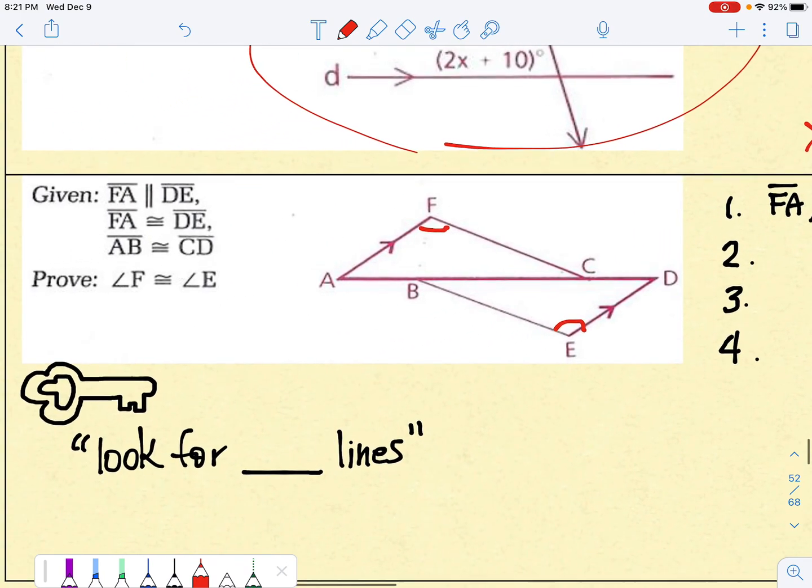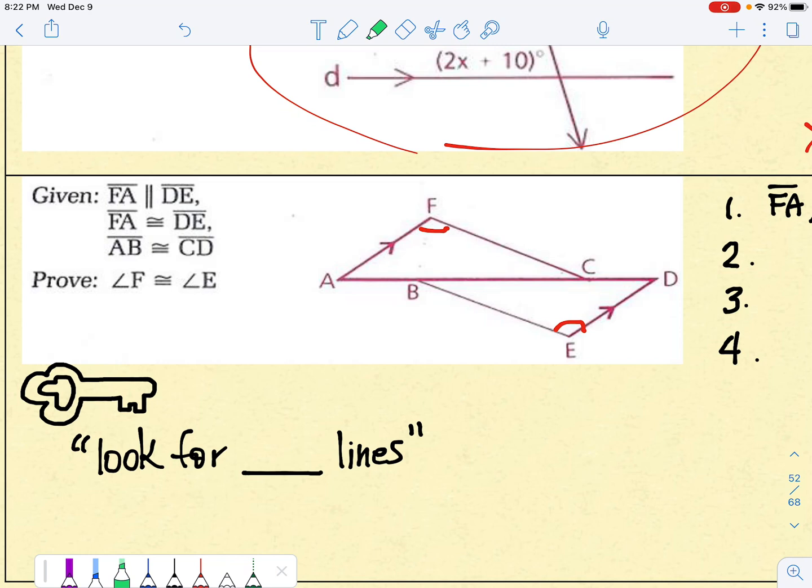Finally, proofs. So here we're given a diagram. I think the key for this is to look for the parallel lines. Where are the parallel lines in the diagram? And we see them there. The next thing I would do is extend those two lines so you can then see a transversal.